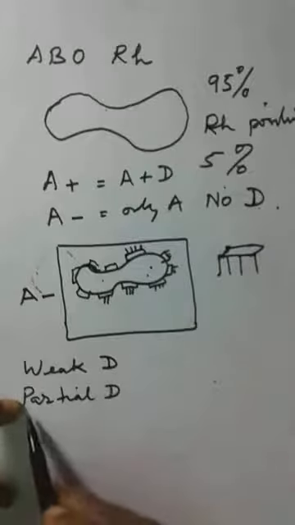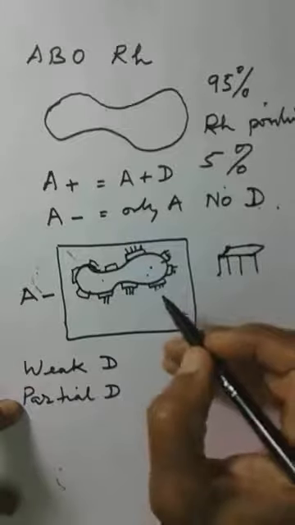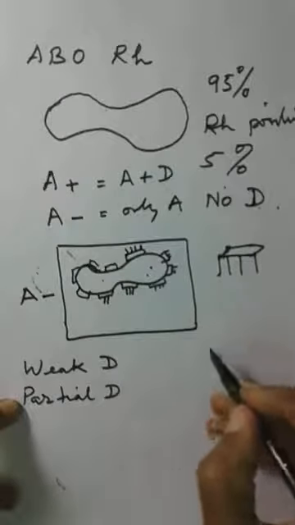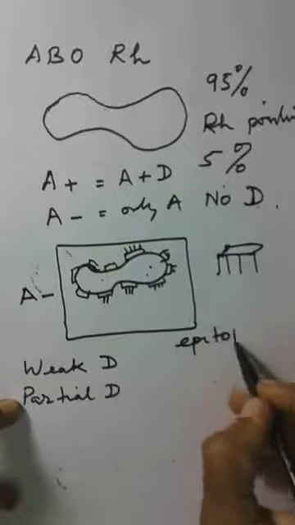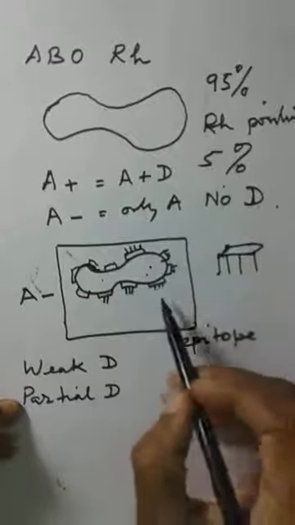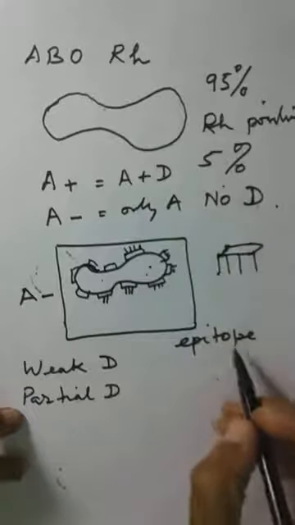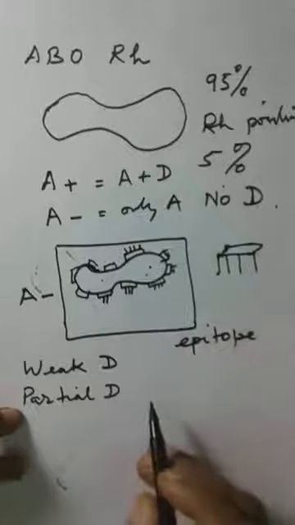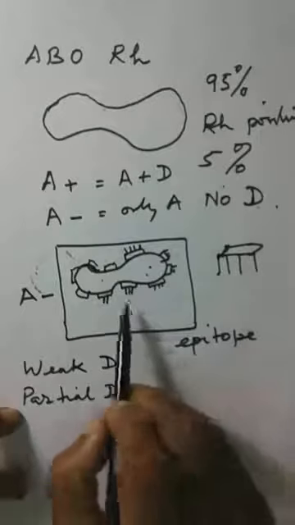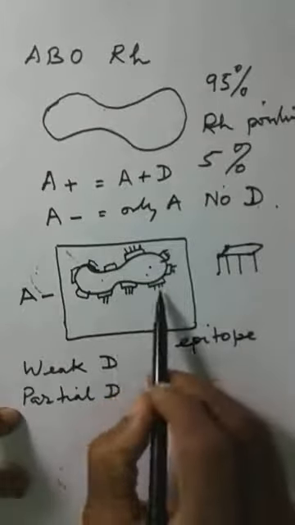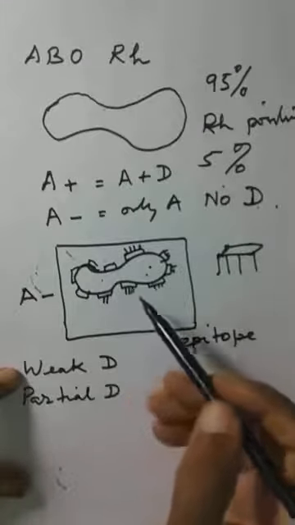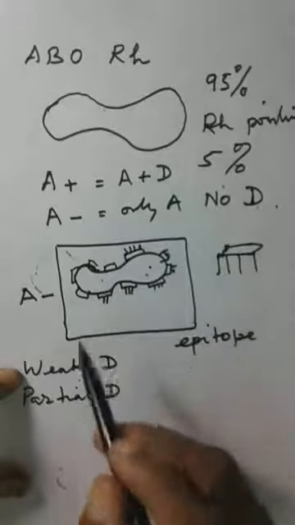Like that, partial D means this antigen binding epitopes, antibody binding determinants are called epitopes in an antigen. So in a partial D, the number of epitopes will be less. But in weak D, the number of D antigen itself is less.